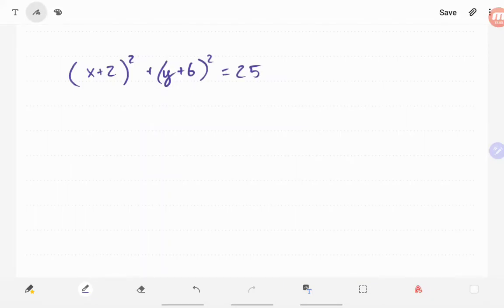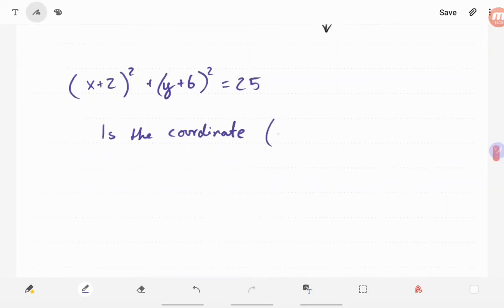And I want to know if the coordinate point, and I said this was a homework problem, it's actually not a homework problem, I apologize, is the coordinate point -3, 6 on, in, or outside the circle?